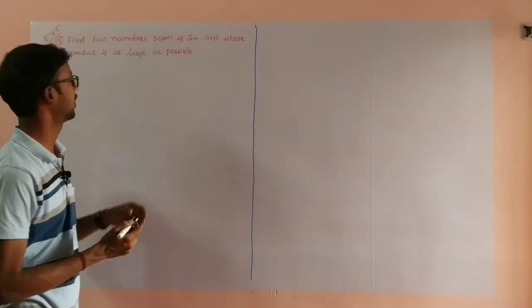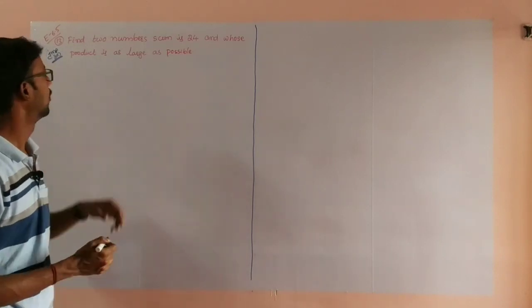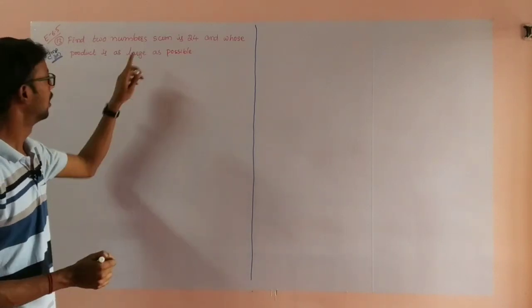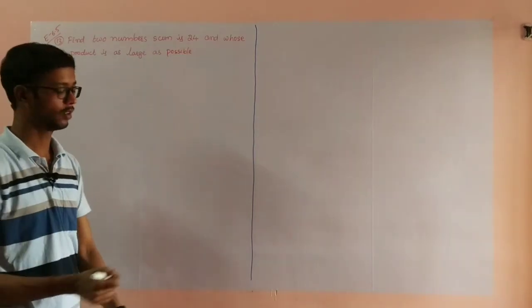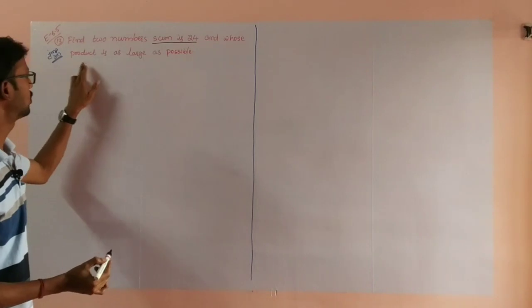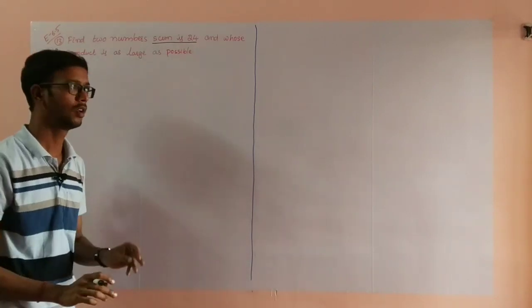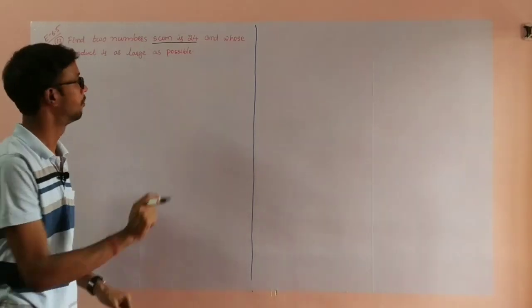Next, problem number 13 in exercise 6.5, an important 3 marks question. Find the two numbers whose sum is 24 and whose product is larger. Larger is nothing but maximum. So you have to find the two positive numbers.